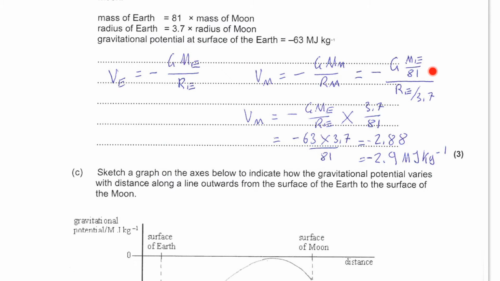Notice we have 81 on the bottom of a fraction here. We're dividing by another fraction which would end up being turned upside down. So we are multiplying by 3.7 and our E stays on the bottom. So now we have got this factor and we can multiply our potential at the surface of Earth by this fraction here, leading us to an answer of minus 2.9 megajoules per kilogram.